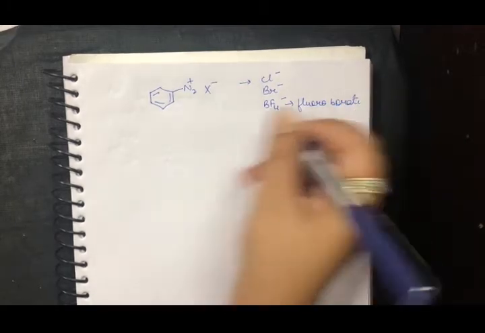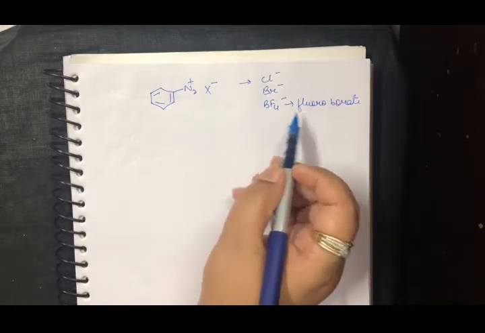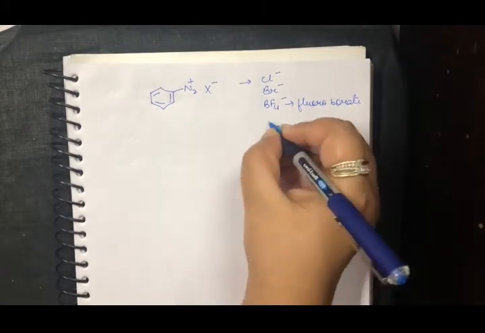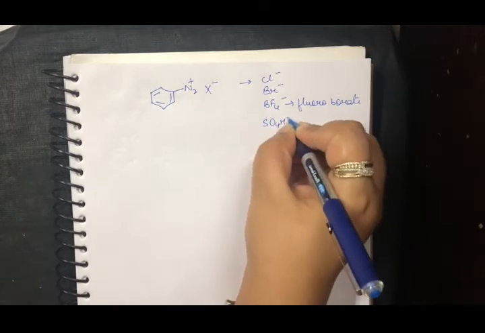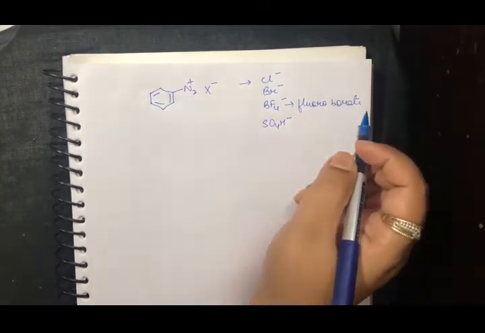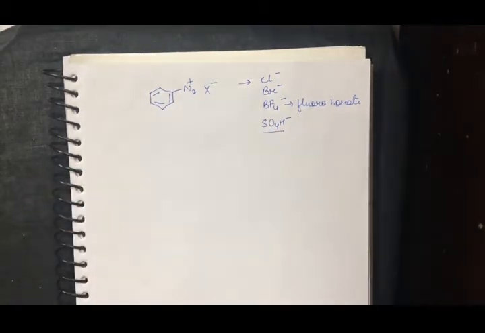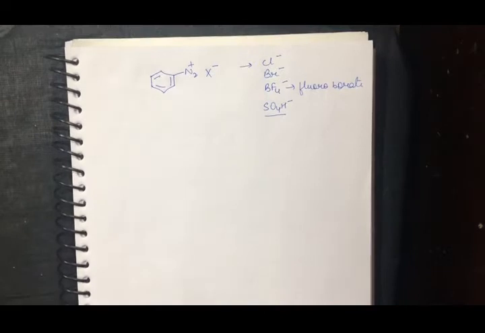So you can even have a benzene with N2BF4, which will be called benzene diazonium fluoroborate. It can also be taken up by SO4H-, which will make it benzene diazonium hydrogen sulfate. Right? Sulfate, I'm so sorry. That would be a different property altogether, wherein we will study the different types of the benzene diazonium salts.